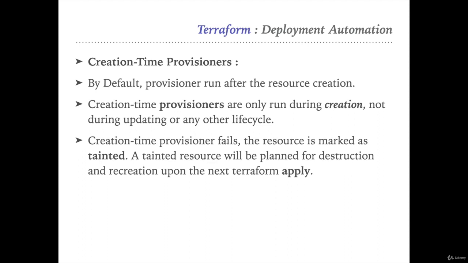It means that if the provisioner fails during creation, because something did not go as per the instructions you mentioned, Terraform will mark that resource as tainted. It will not mark the resource as successful. And whenever you modify your provisioner and execute terraform apply again, Terraform will first destroy the resource marked as tainted, and then recreate it.